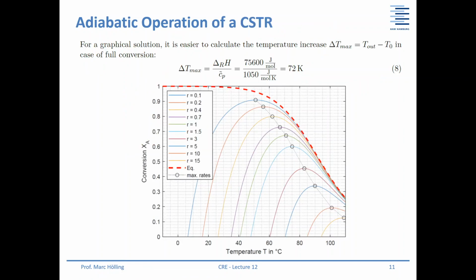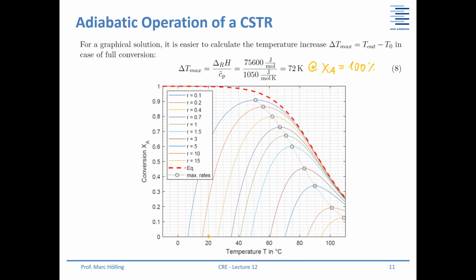For the example reaction, you can put in the values. Your Cp tilde was given as 1050 joule per mole Kelvin. Your reaction enthalpy was given as 75.6 kilojoule per mole. So you have a delta T max of 72 Kelvin, at 100% conversion. And with this, it's rather easy to construct your enthalpy balance.